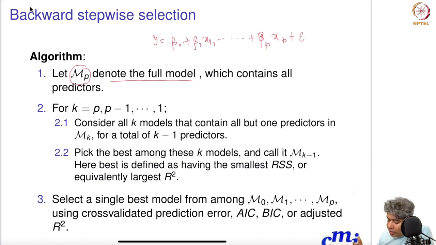Then it will start dropping features, which is why the loop runs from p to p minus 1 down to 1. Consider all k models that contain all but one predictor in Mk, for a total of k minus 1 predictors. And the rest of the thing is exactly the same as the previous algorithm.